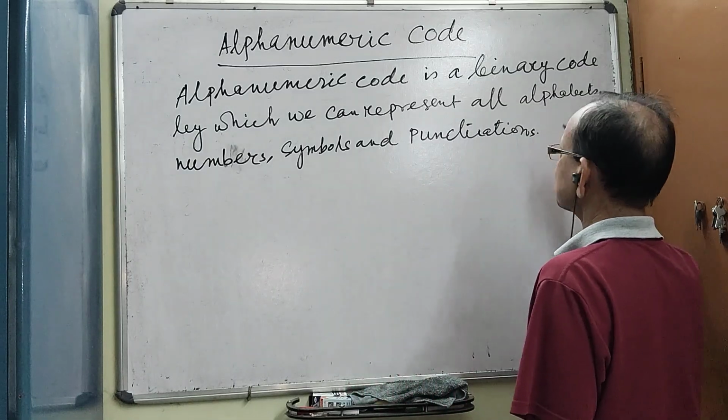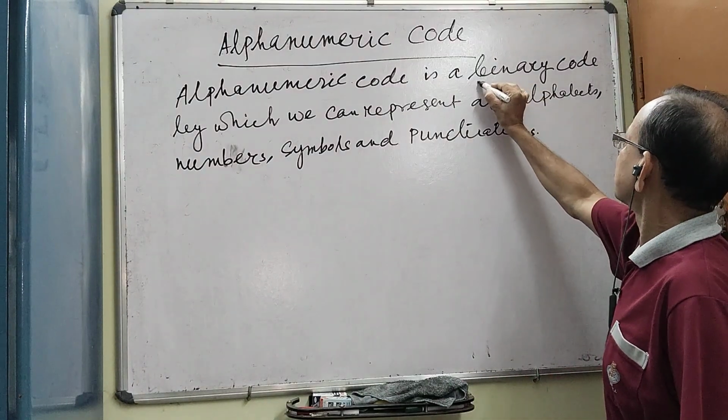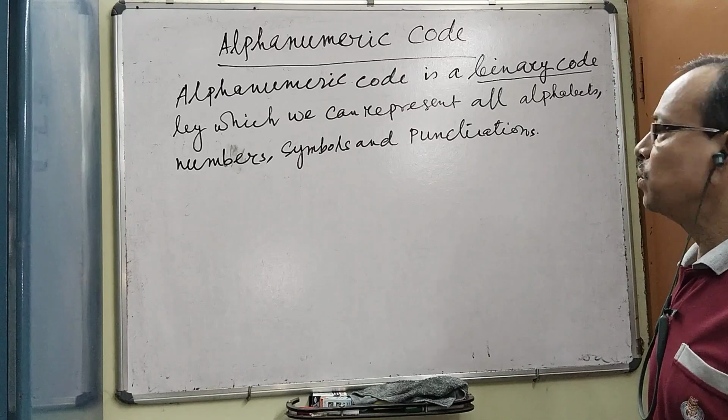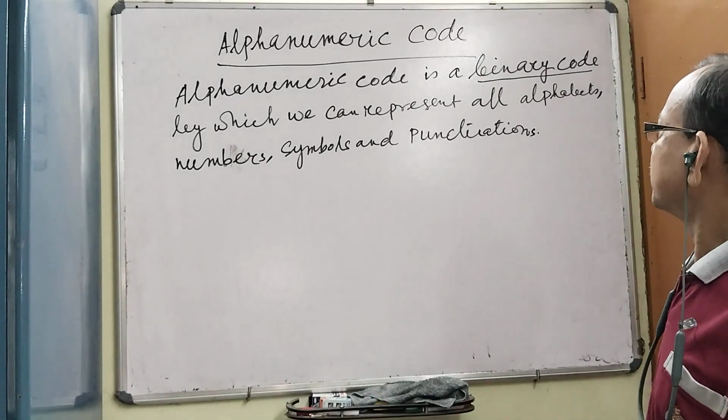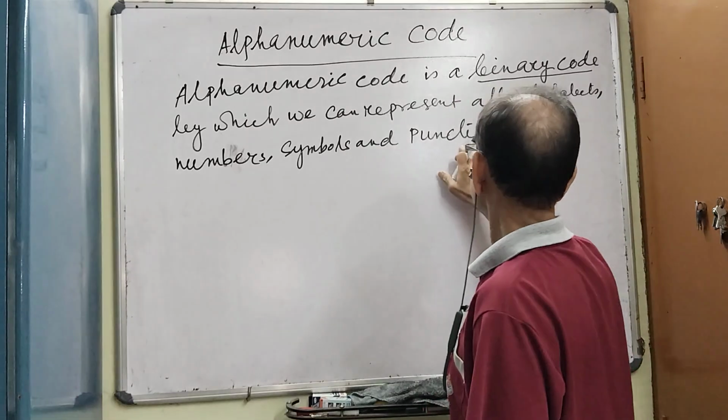So it is a binary code by which we can represent all alphabets, numbers, symbols, and punctuation.